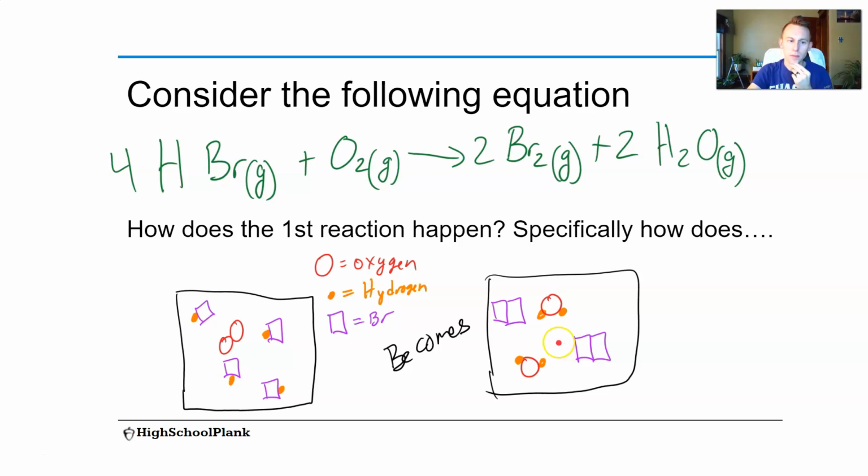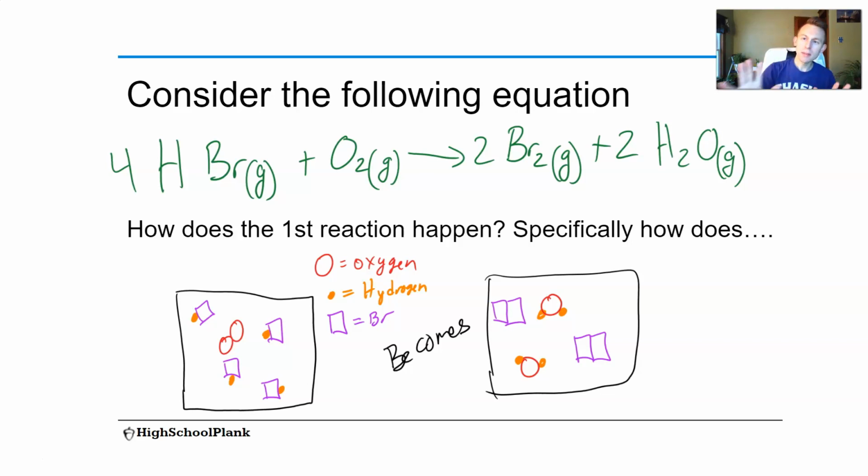So again, I want you to pause and think. I'm going to wait about 5 seconds, and I'm going to think about this myself. It's a little tricky, right? How do the atoms actually rearrange themselves to become the product?